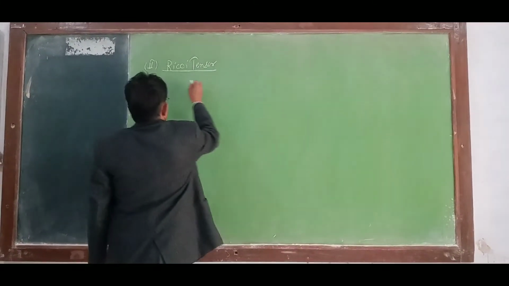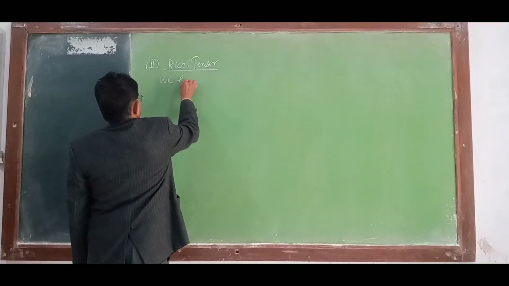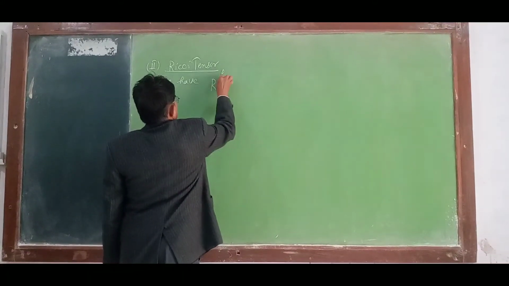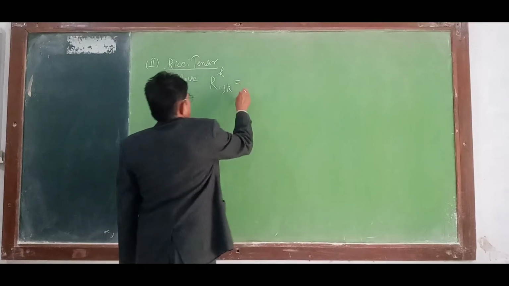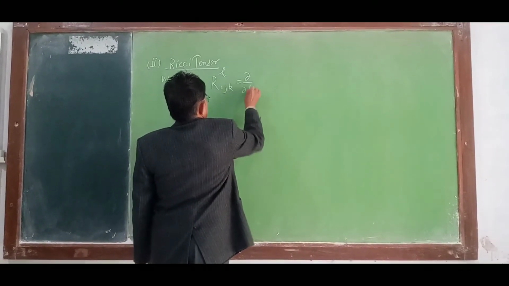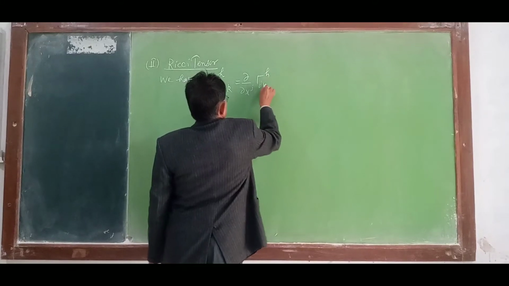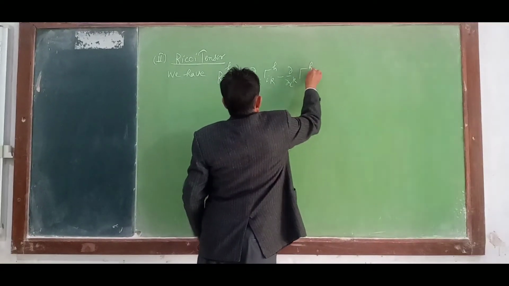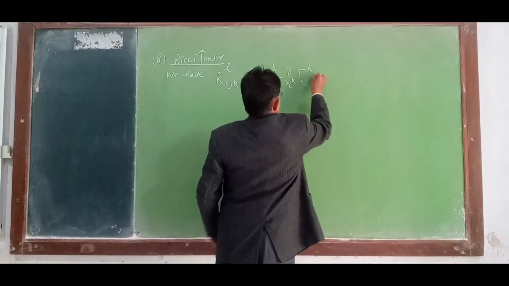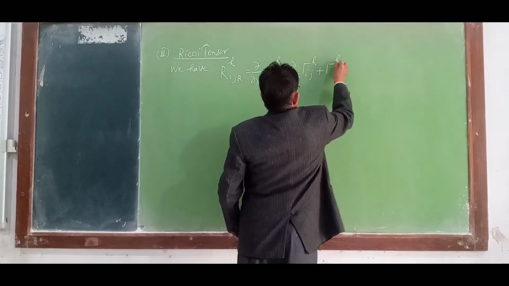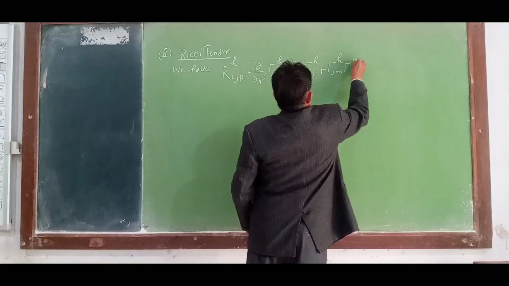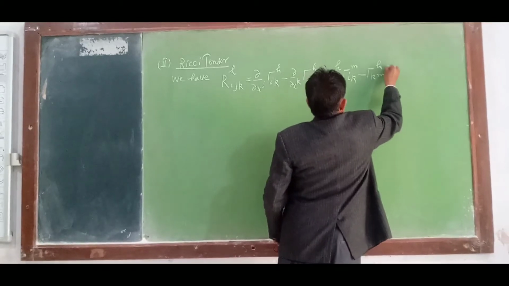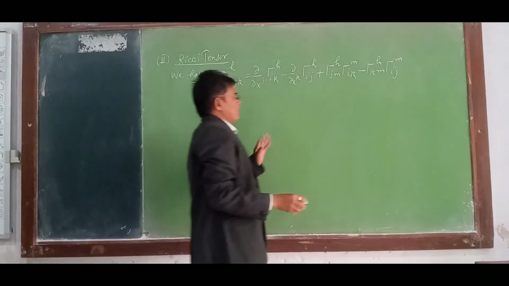So we have the Riemannian curvature tensor R^h_{ijk} equal to ∂/∂x^j Γ^h_{ik} minus ∂/∂x^k Γ^h_{ij} plus Γ^h_{jm} Γ^m_{ik} minus Γ^h_{km} Γ^m_{ij}. So this is the definition.